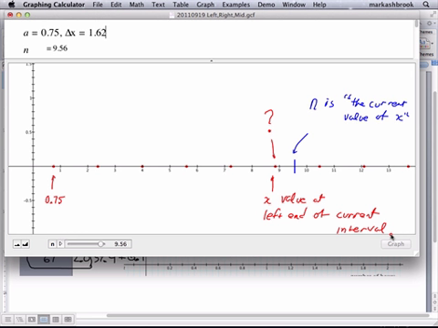Like that interval, from the first red dot to the next red dot, it's 8.1, whatever. Start at 0.75. So that will be the length.